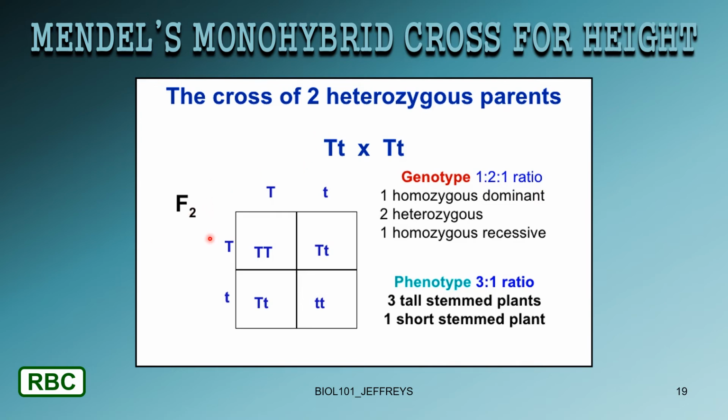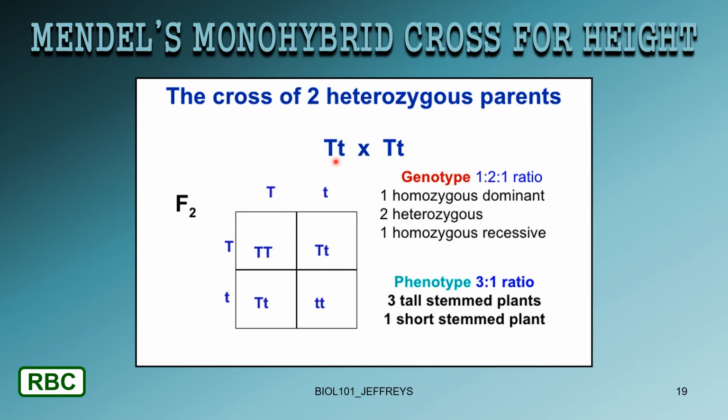And in order to do this, this is called a Punnett square. It's just a little simple box divided into 4 because we're only looking at one trait. And you're going to put the genotype of one parent up here and the genotype of the other parent down here. And when we get to animals, it doesn't matter if this is the male and that's the female, it doesn't matter.